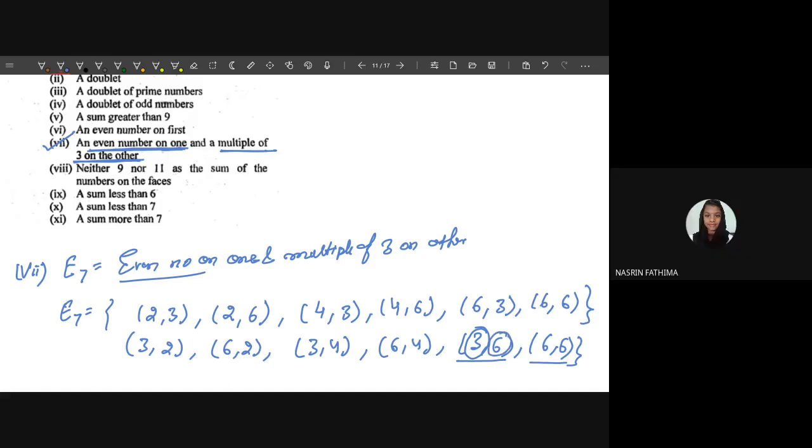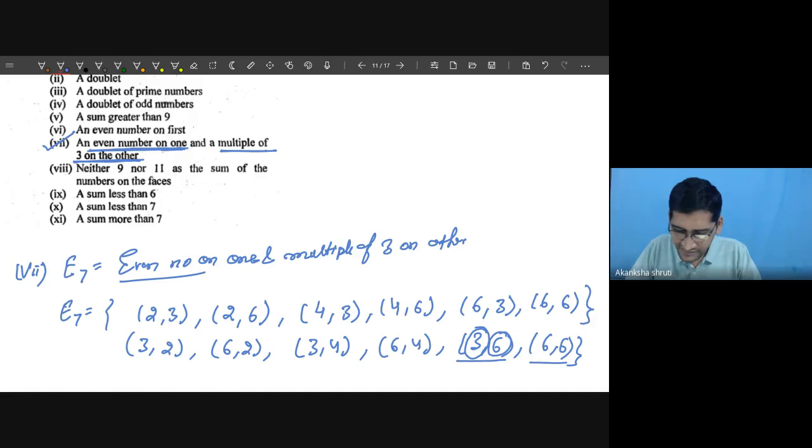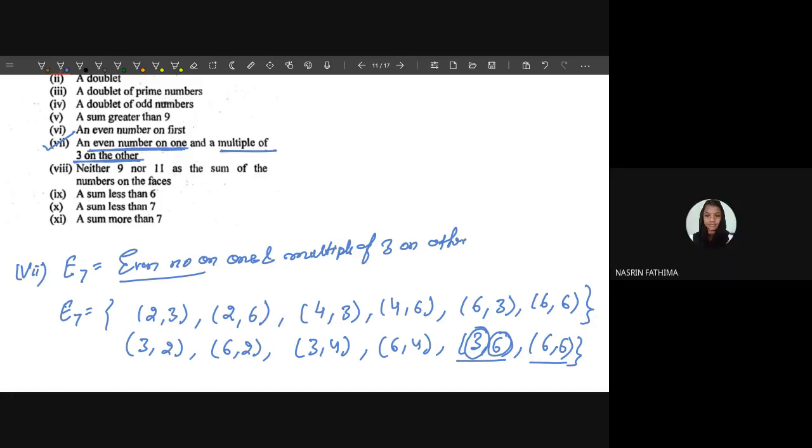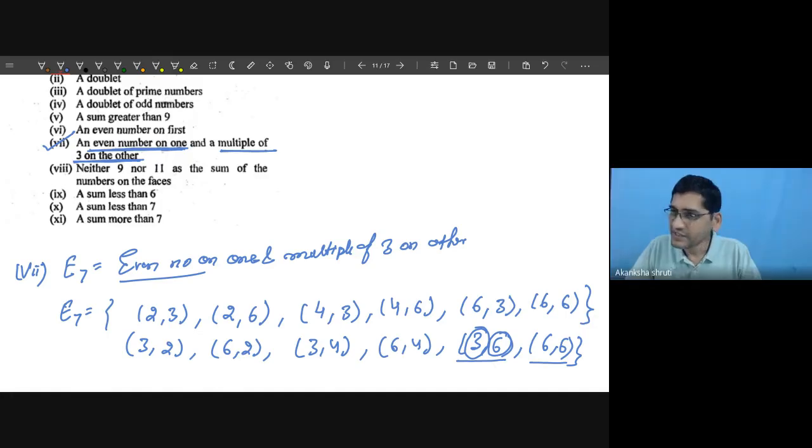No, sir. Why? So 3 is an odd number. Okay, 3 is an odd number. But what is asked here? Multiple of 3. What does it mean? Is it not satisfying?